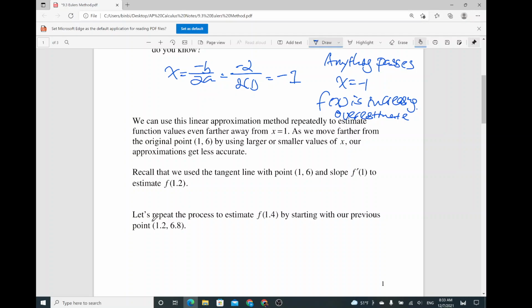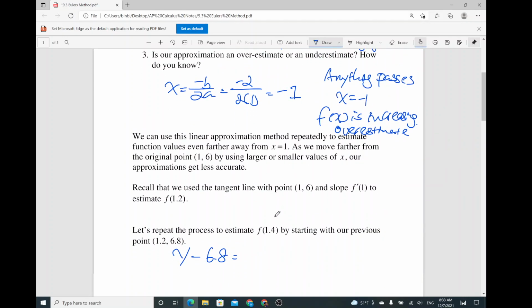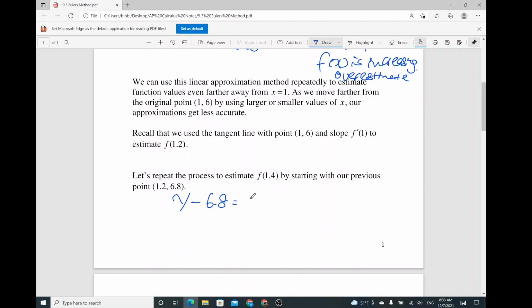So now using the same process to estimate f of 1.4, starting with our previous point. So y minus 6.8 equals the slope of the previous point, which is f prime of 1.2, times 1.4 minus 1.2.